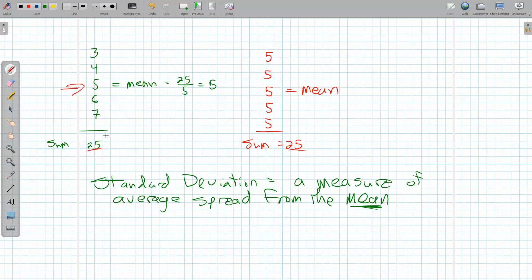And because the deviations always add to 0 because of the essence of the mean, the trick is to do this, to find the deviation, which is x minus the mean. And to deal with that canceling out of above and below average, we square them. Squaring them gets rid of the sign. After we square them, we then add them up. So now we get this non-zero sum.